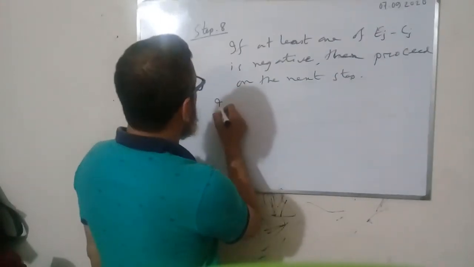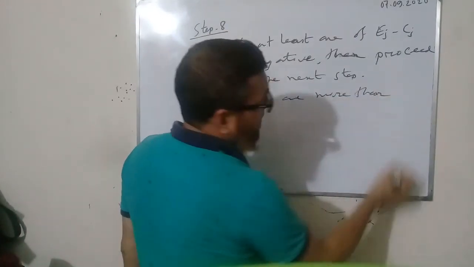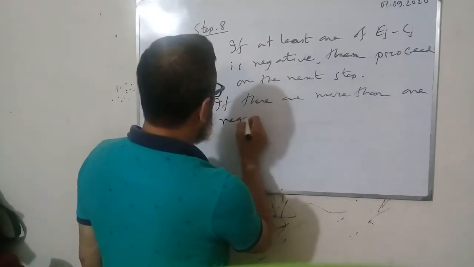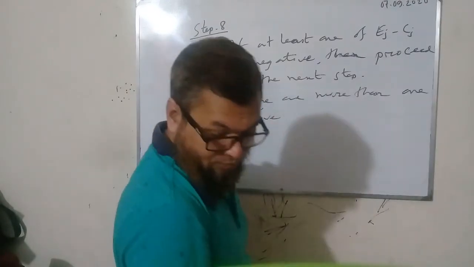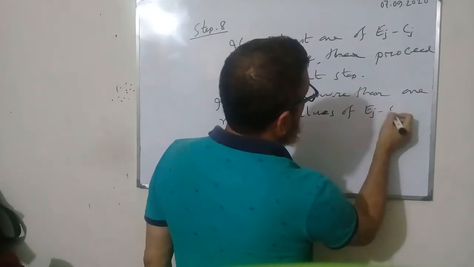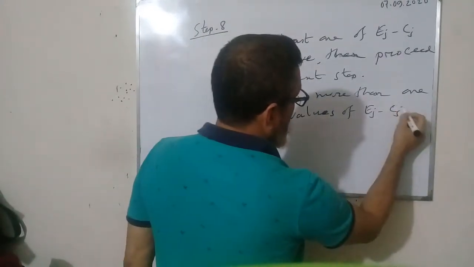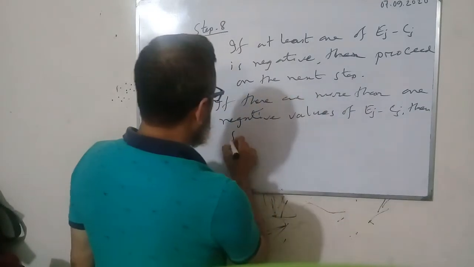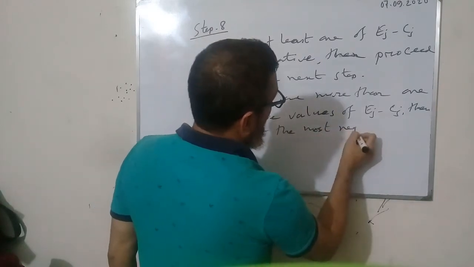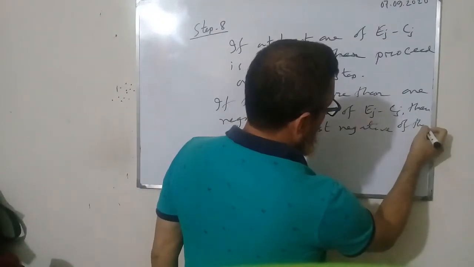If there are more than one negative values of Zj minus Cj, then select the most negative of them.